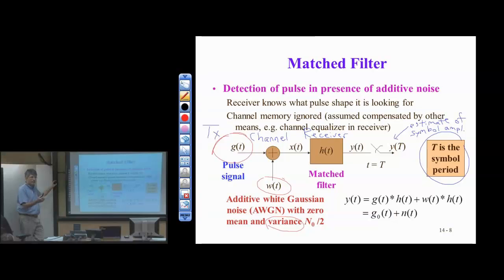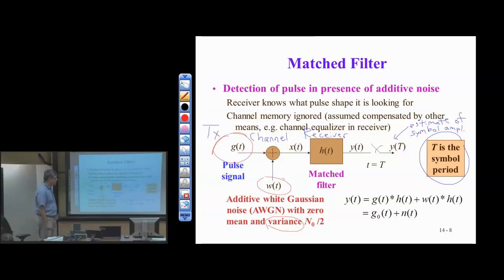So the higher the SNR, the more likely you're going to correctly detect the pulse in the noise. You design the match filter knowing the shape of the pulse signal being used, the pulse shape and duration. Right, so this assumes knowledge of the pulse shape being used.